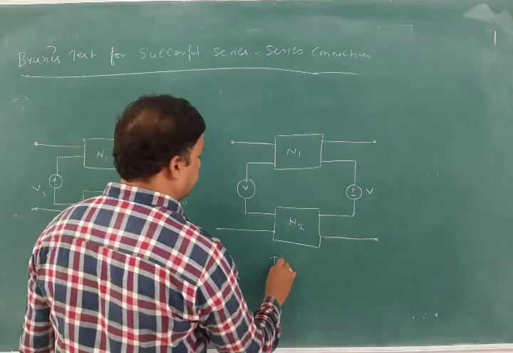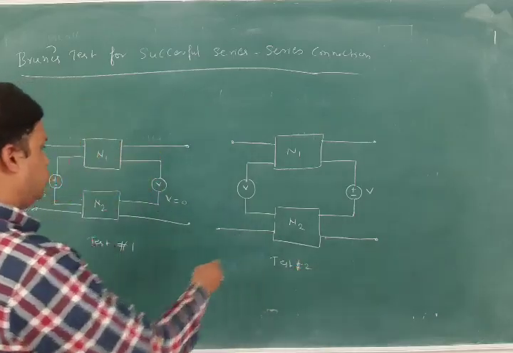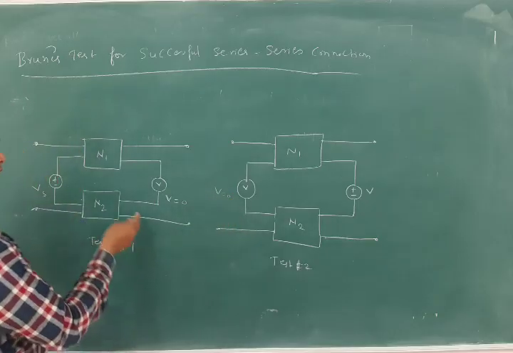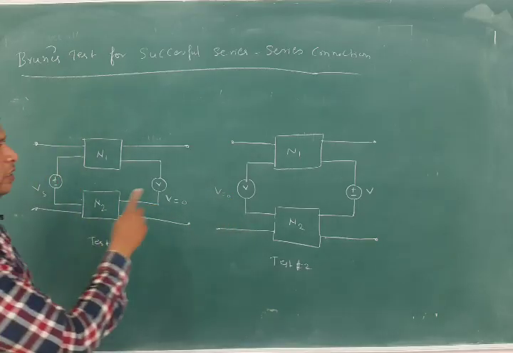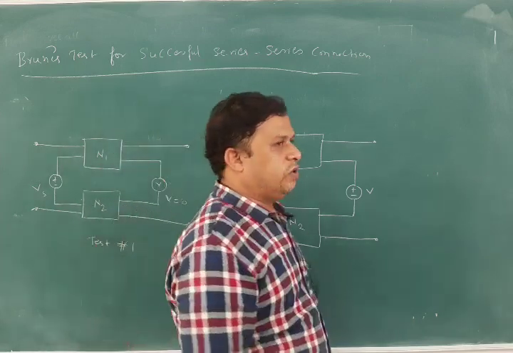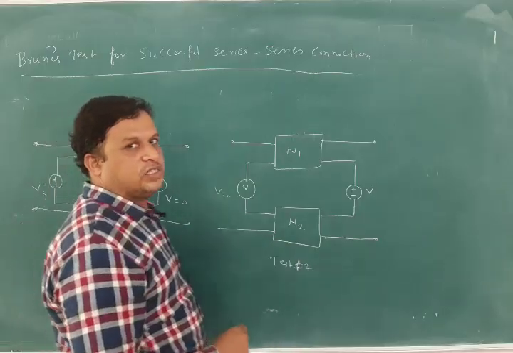That is test 2. This is test 1 and this is test 2. If V is equal to 0 at this point also and V is equal to 0 at this point, then the Bruns test will be a successful attempt. If any one of these fails, then the Bruns test is an unsuccessful attempt.